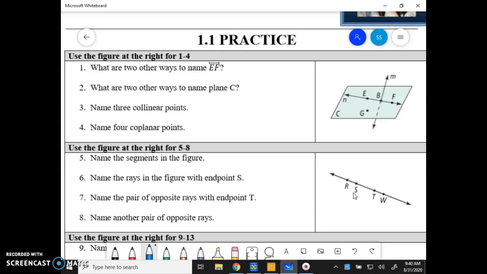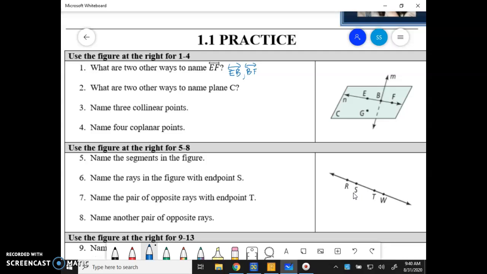So we could name this EB because these points are collinear, or I could do BF because they are collinear. All right, so there's two ways: EB with the line on top, or we could name this BF with the arrows going both directions.